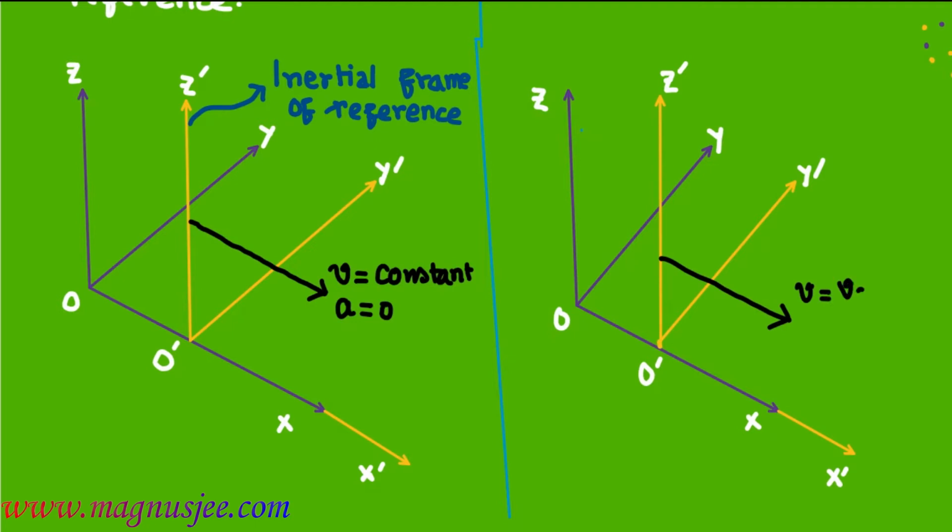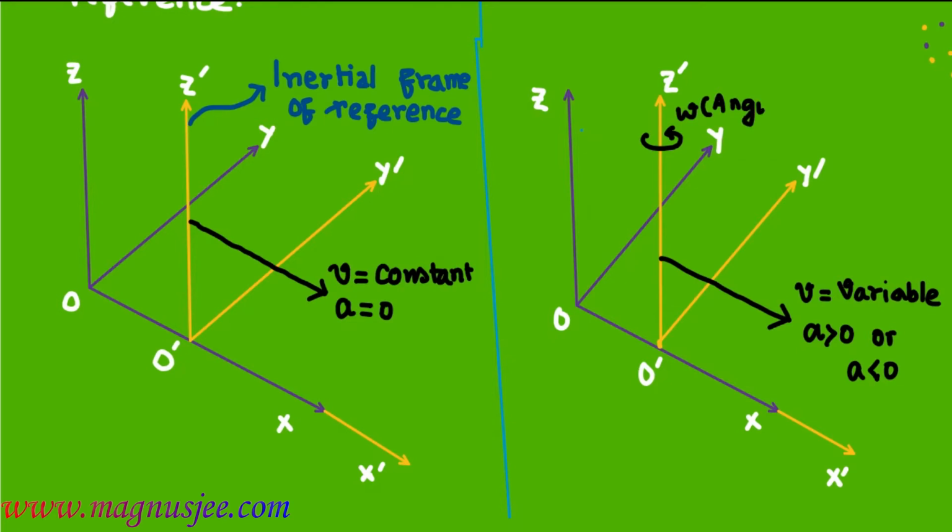On the right hand side, for non-inertial frame of reference, the new set of axes having three axes x prime, y prime, and z prime is moving with variable velocity and definite acceleration, and this acceleration may be positive or negative. So in that case, this new set of axes denoted by yellow color can be assumed as non-inertial, and this axis can rotate with an angular velocity omega.